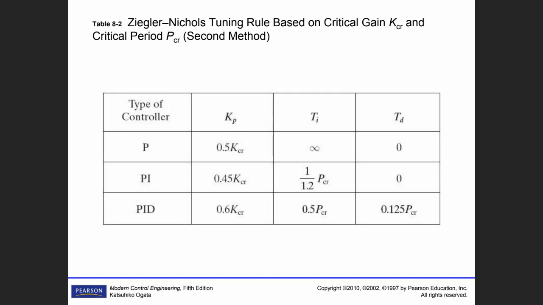PCR is already measured, KCR is already obtained, and the PID here is 0.6 KCR, 0.5 PCR, and 0.125 PCR. If you use those values, it's a good starting point, not the best one. I repeat, for the P, I, and D constants, these are good starting points, not the best ones.